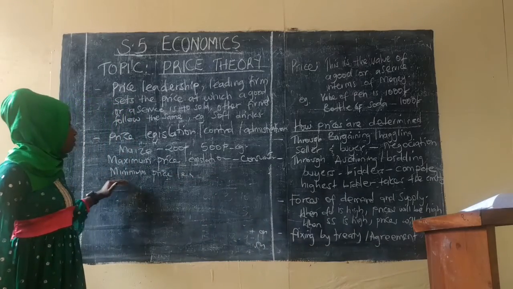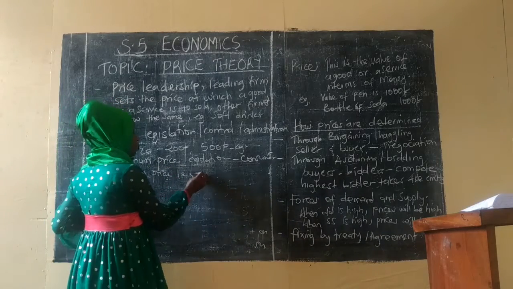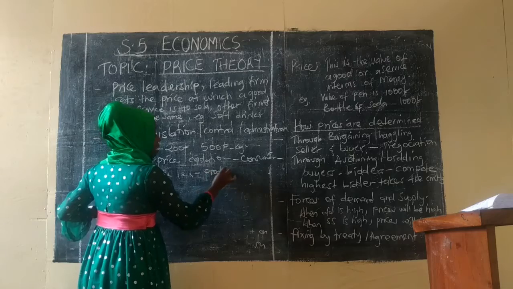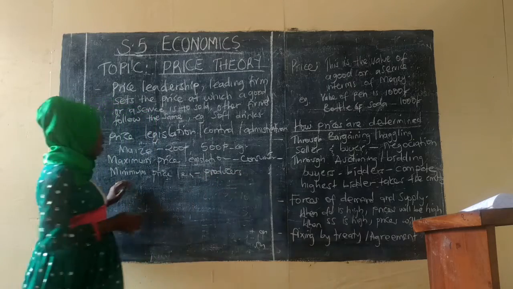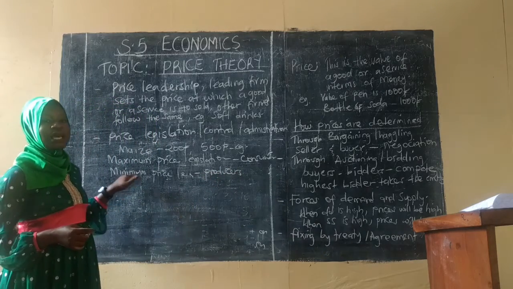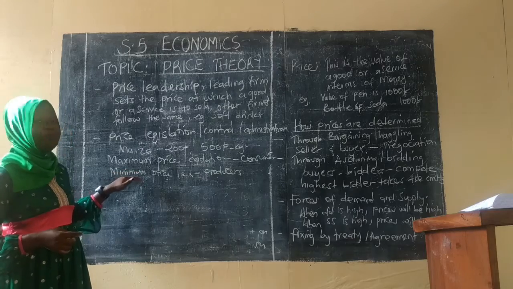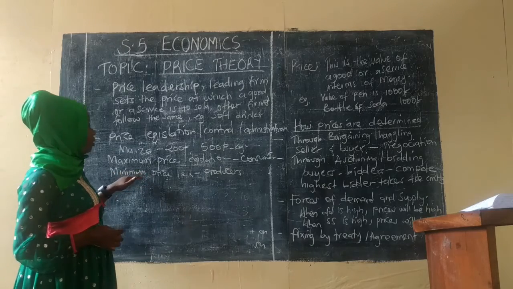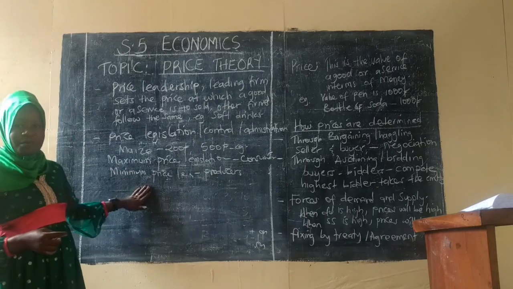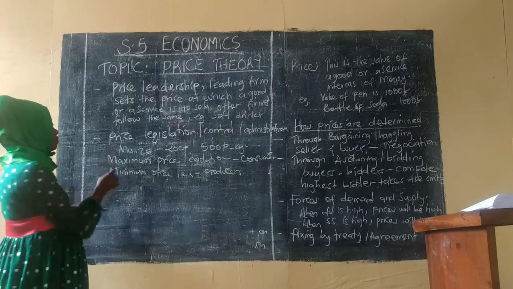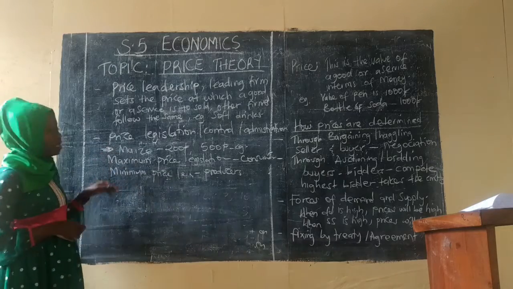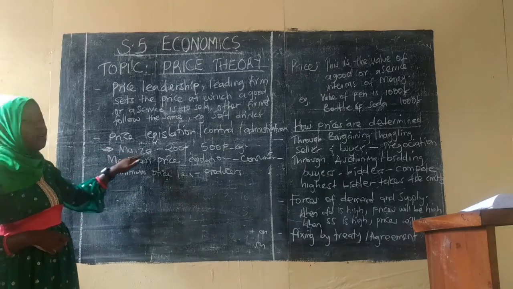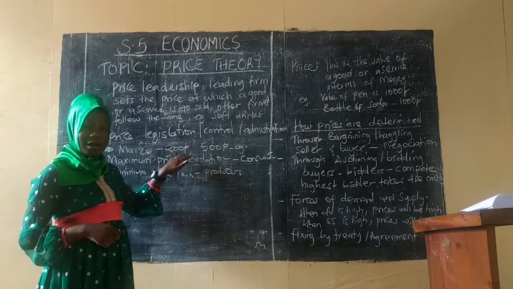And then minimum price legislation is intended to protect the producers, whereby they are not supposed to sell their commodities below the minimum price that is put. For example, the case for maize and agricultural products, the kilo had moved as low as 200 shillings.